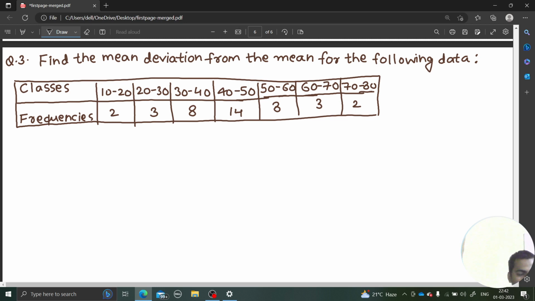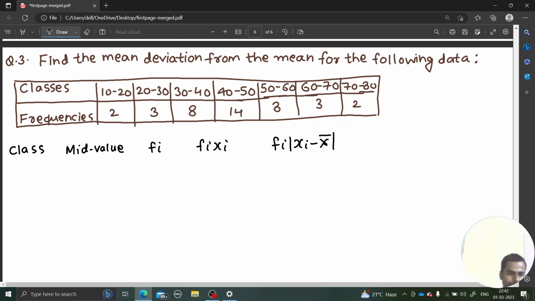Okay, so in this again we have the class, then we have to find one separate thing here, which is the mid value, then again the frequency, let's write it in short as fi, then fi xi, and then again the same thing, fi modulus of xi minus x bar.